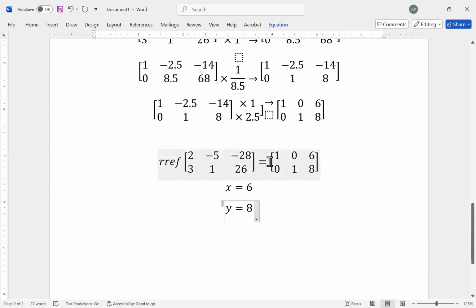So the row reduced echelon form of the matrix essentially gives me my answer.